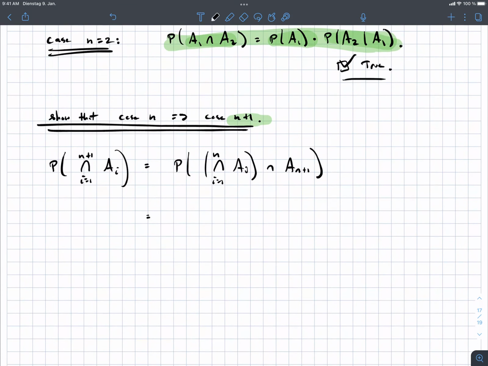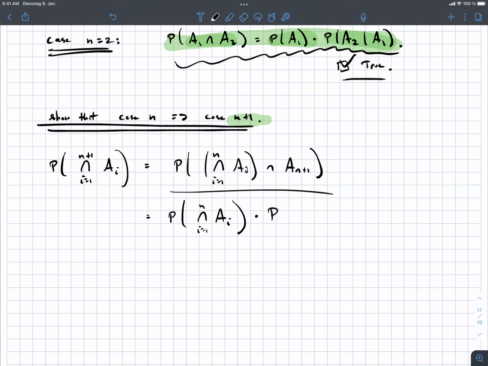And then I can say this is like the probability. So I'm just going to use the n equals 2 case to say that this probability is given by the product of the probability of this intersection times the probability of an plus 1 given the intersection.